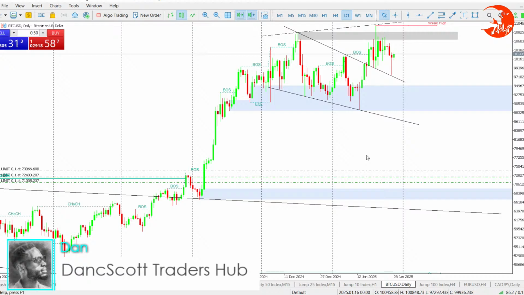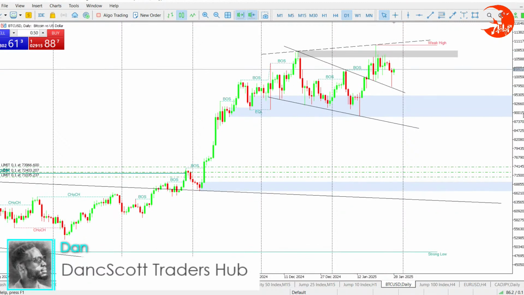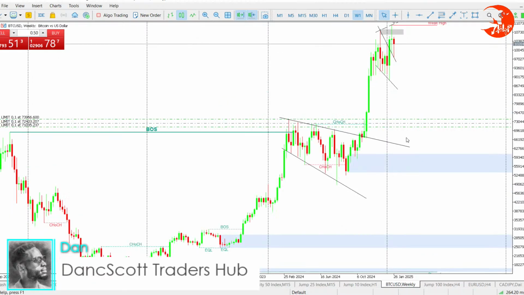What we can see currently is price. We see a break of structure there, but then we have a resistance up there, and it is a weak high right there, and that's why price came back down below. This is according to daily.